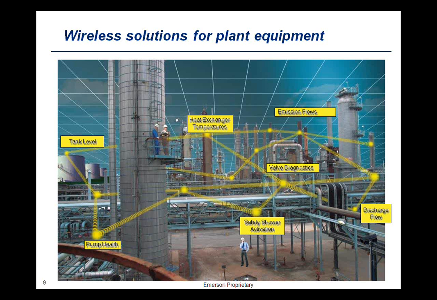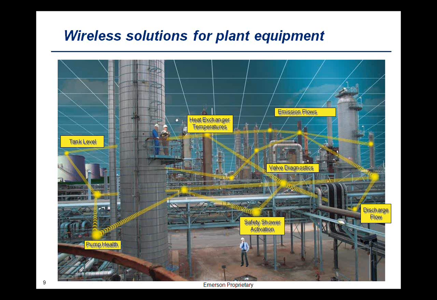Wireless solutions for the plant can be from simple things like making tank measurements, looking at pumps, heaters, and do I have a problem with a particular pump? Have I got cavitation on that pump that's causing significant erosion in pipes or on the impellers of plant equipment?